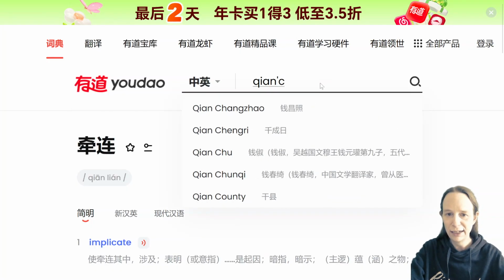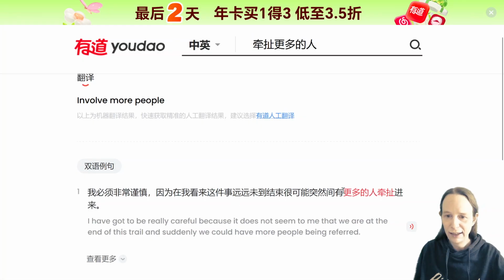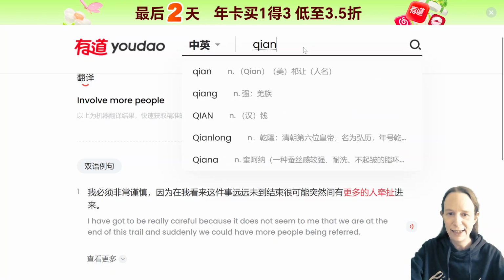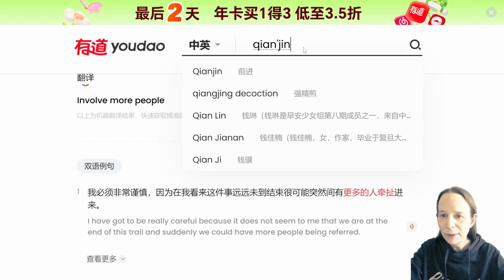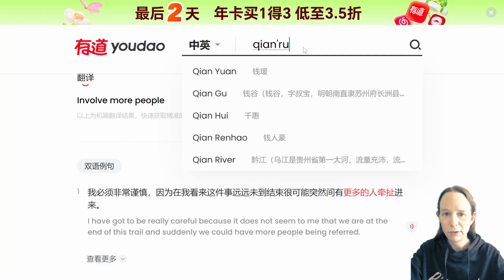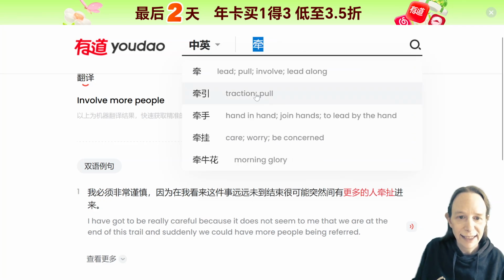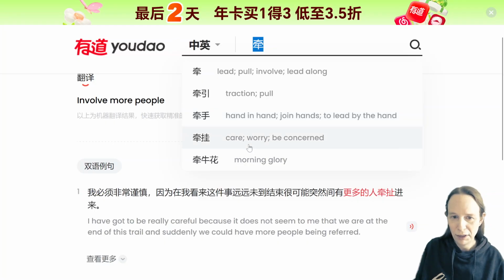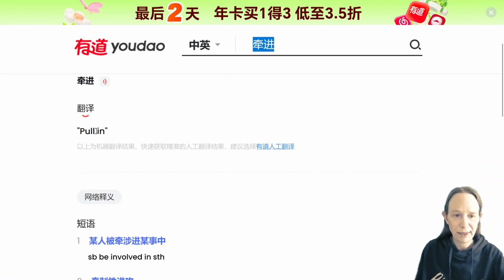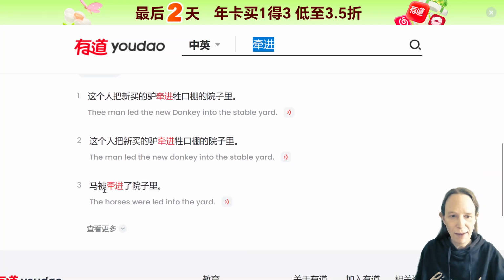牵扯更多的人. Yeah. 牵扯进来, I feel like this is dragged into. 牵进, is this a word? I think it's a word, right? Maybe it's 牵入, 牵扯, 牵引, 牵手, 牵挂, no, 马被牵.